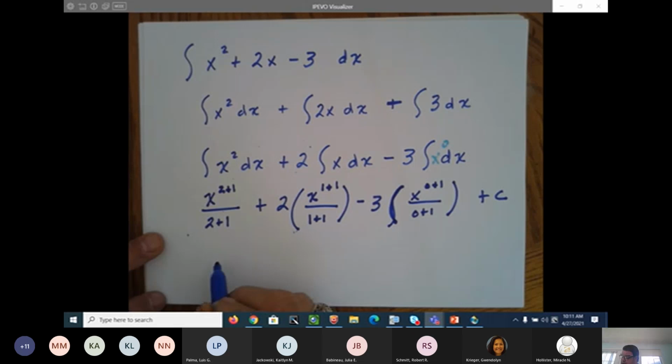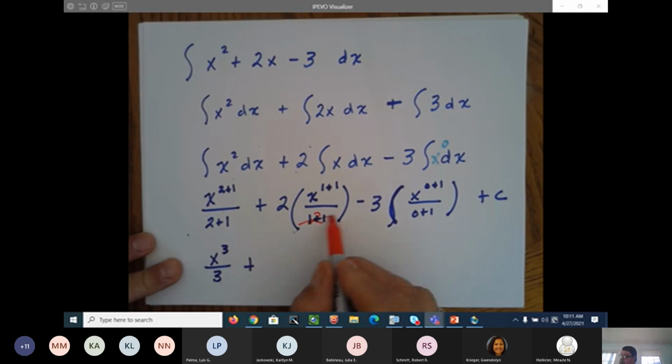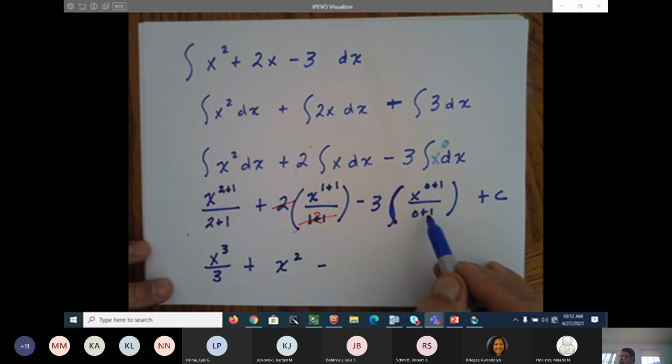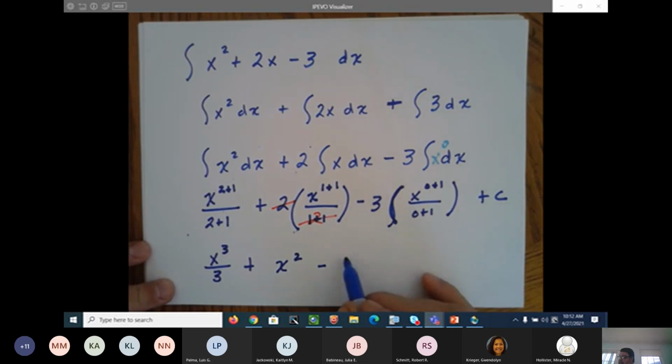So x to the third over 3, plus the 2's cancel because you've got a 2 on the bottom. So this is 2, and that cancels with that. You're left with x squared minus, well, this is x to the 1 over 1, which is x.